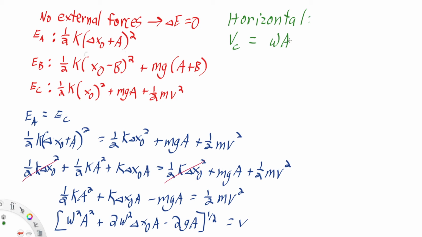So is this expression that we have for v here bigger than, less than, or equal to our expression for vc in the horizontal case? Think on that for a moment. Tell me what you think.